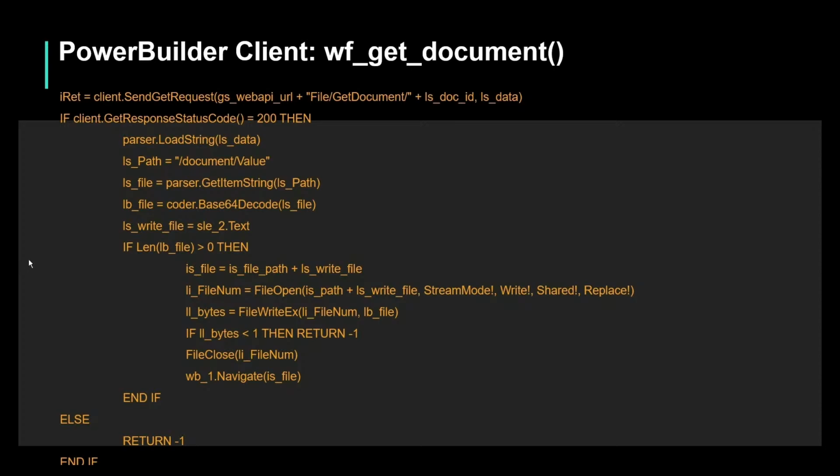And if the file size is greater than 0, we're then going to do a file open, file write to create the file locally. And if that all goes well, then we're just simply going to pass that to the web browser control and display it.